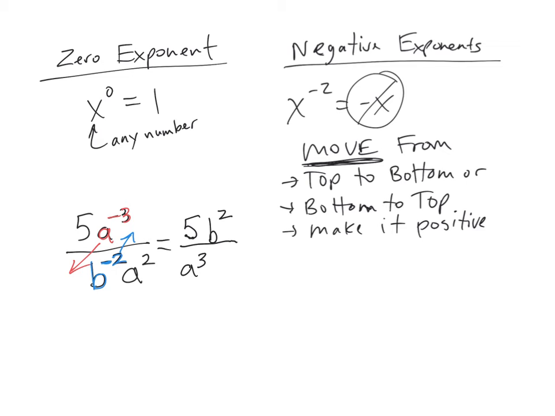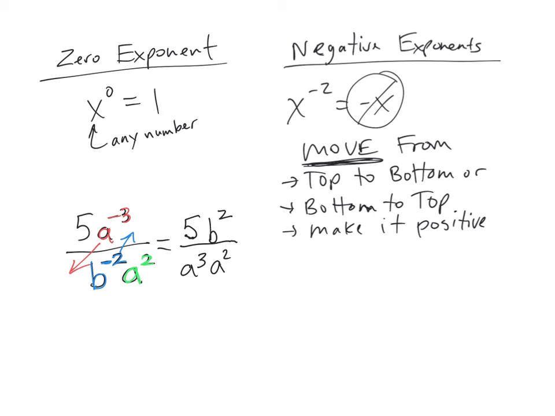So what you want to do is handle your negatives first and then see what you have left. And the a squared, it's not negative, so it just stays where it is.